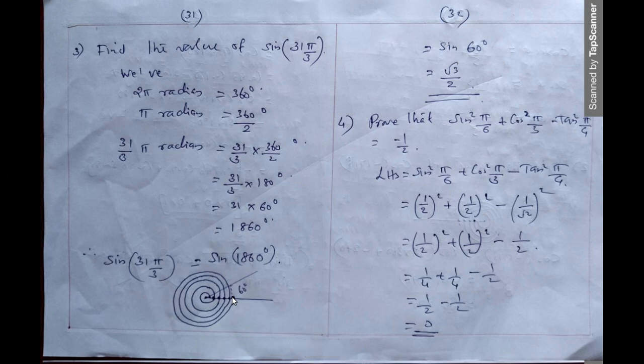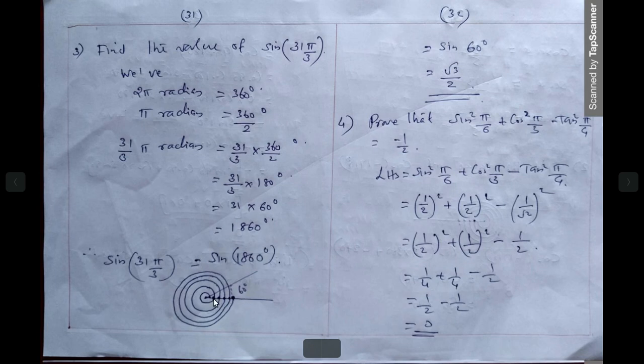5 into 360 plus 60 degrees is equal to what? 1860, right? Here this is one rotation, that is 360 degrees, again one rotation, again one, again one, again one.